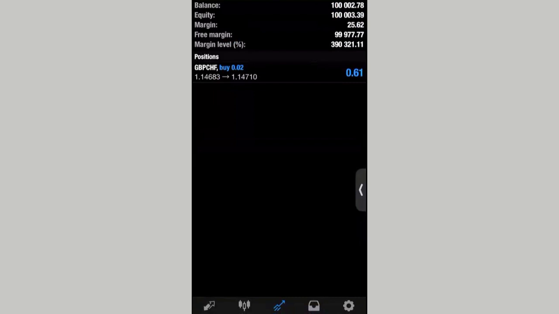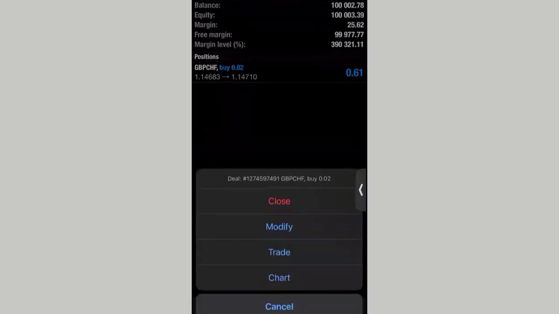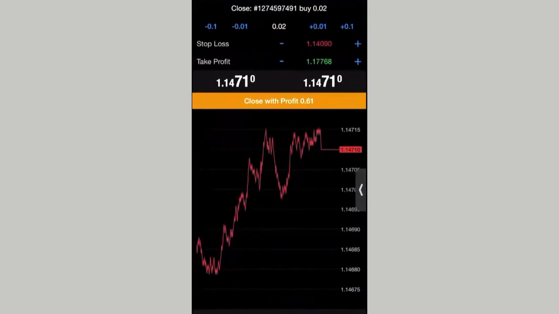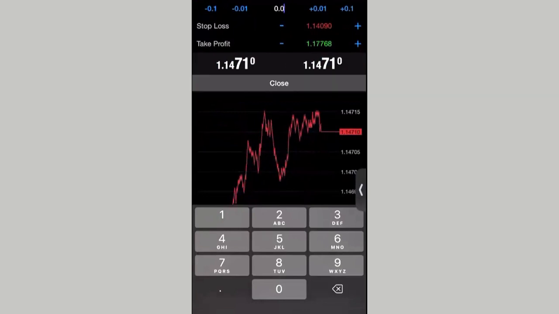Do it again, please. Yeah. You click and hold, and you press close, and then you adjust your lot size. My previous lot size was 0.10, right? So if I want to close about 80%, that'll be 0.08, and then I'll leave 0.02 running, which is 20% running.